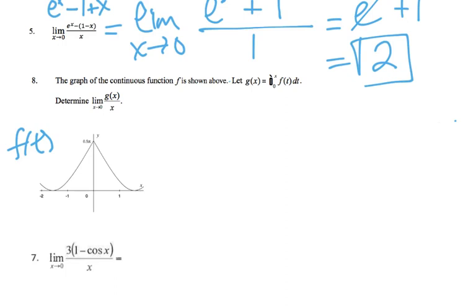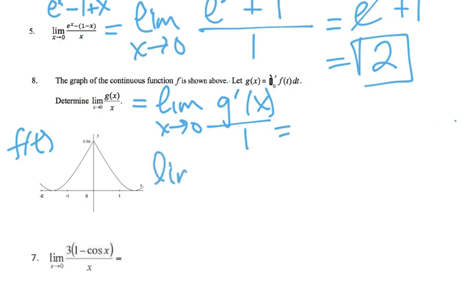So we can take the derivative of the numerator and the denominator. The derivative of the numerator is going to be g prime of x. The derivative of the denominator is 1. So what's g prime of x? Well, this is the fundamental theorem of calculus.